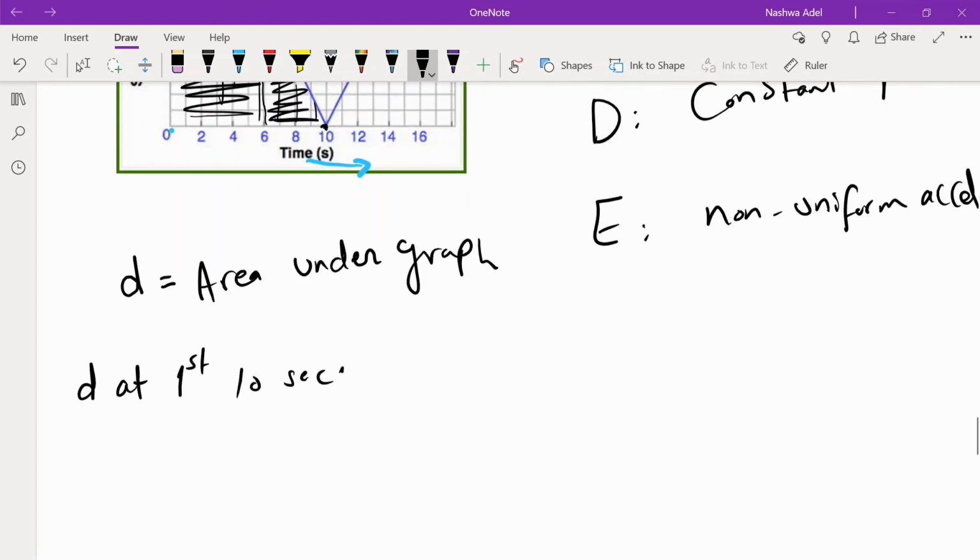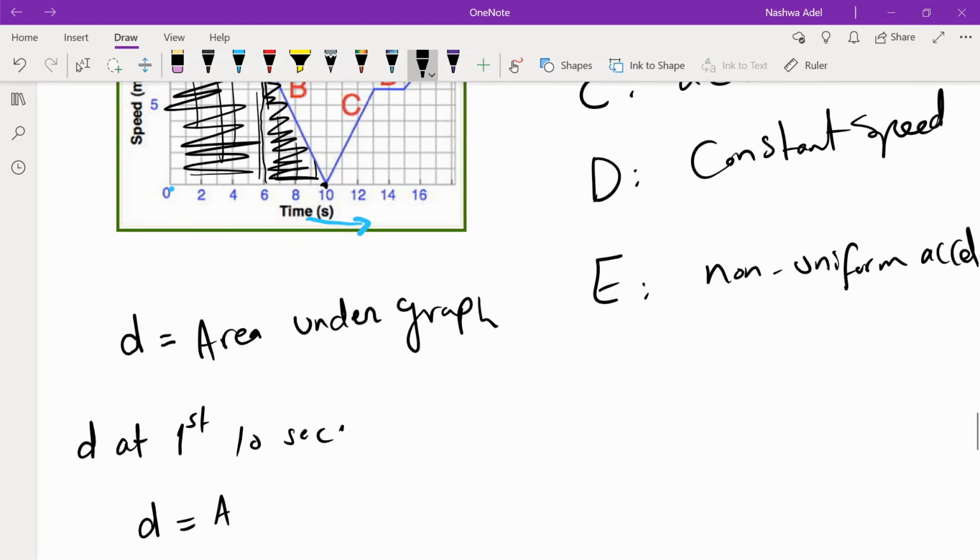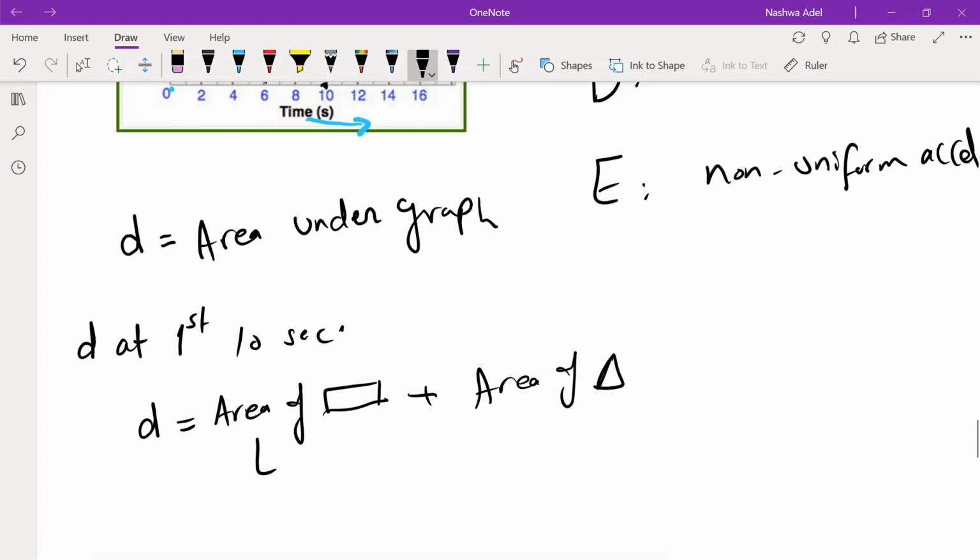Here we calculate the distance to be the area of the rectangle plus the area of the triangle. So here length times width, plus area of triangle, which is half times base times height.